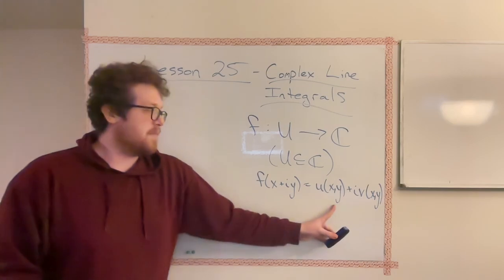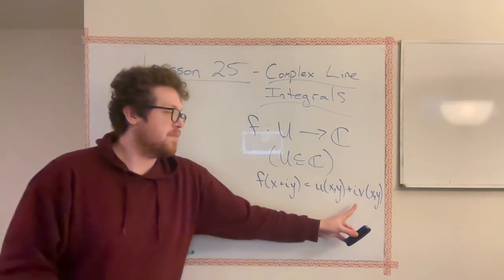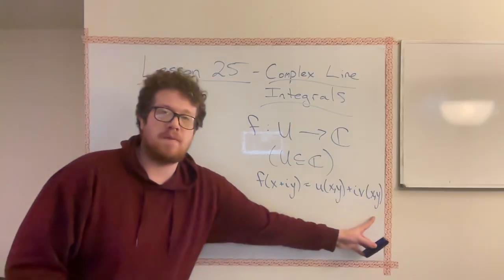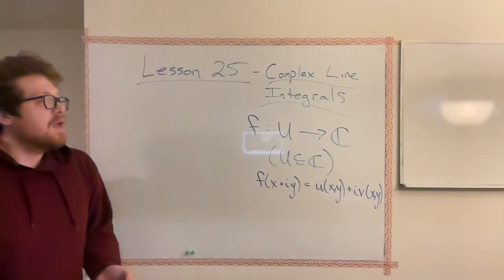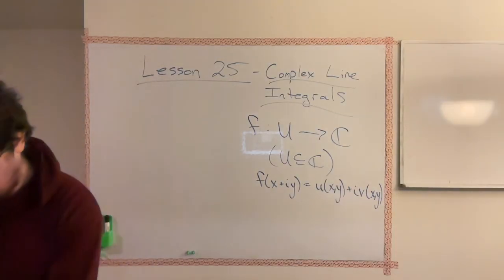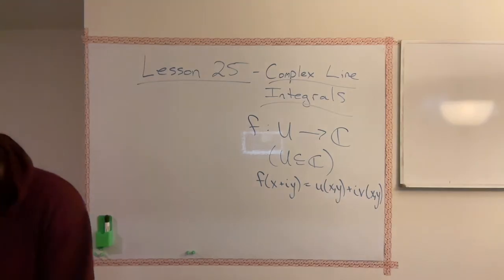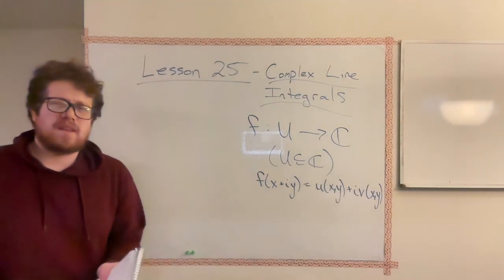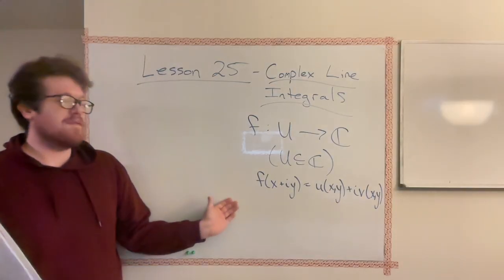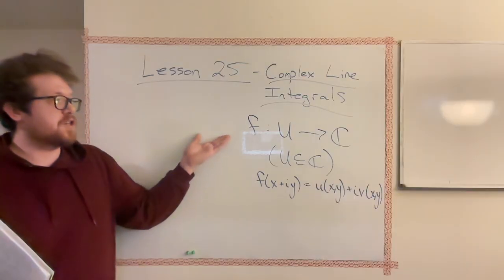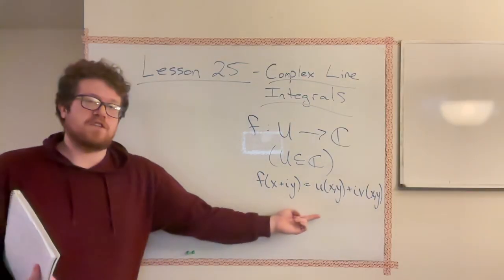One dimension is given by u, and plus i times another dimension given by another function, v. Are there any questions about that before I move on? This is just a way of writing a function: a function of this form is basically just two functions.